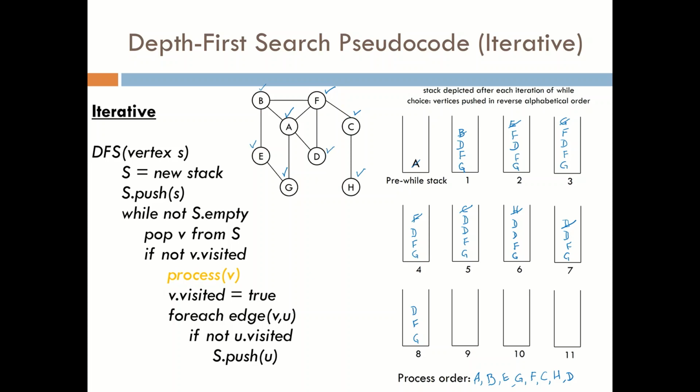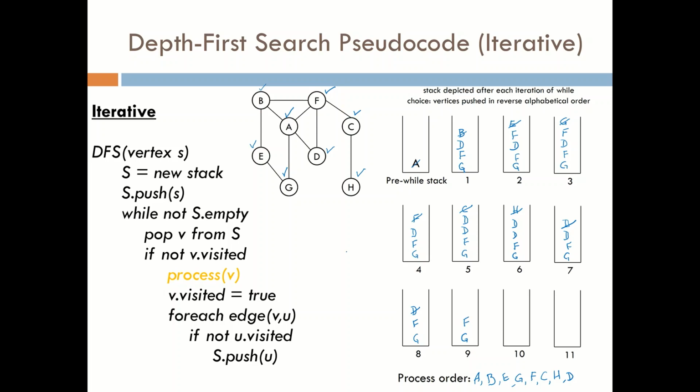And now for every other node that is connected to D, if it has not been visited, we will push it onto the stack. Well, as we look at our graph, every node has been visited, so there is nothing to push onto the stack.